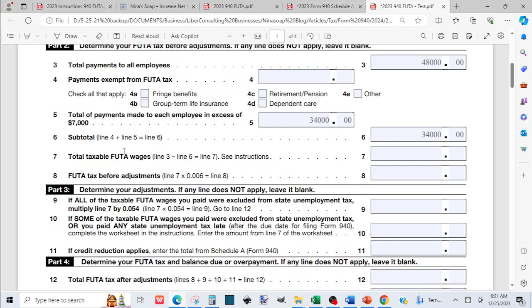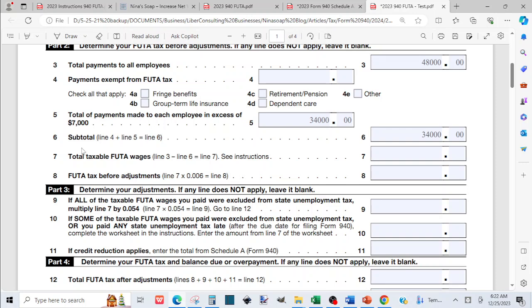Your business is the one that pays FUTA tax on the first 7,000 that the business pays each employee during the year. And the FUTA tax is up to 6% on that first 7,000 wages paid to each employee. So it's up to 6%, but if you are qualified for the maximum credit, your FUTA tax will be 0.6% for the year.